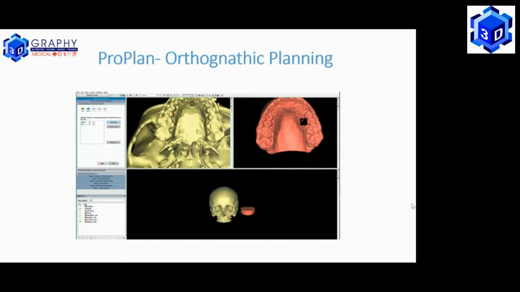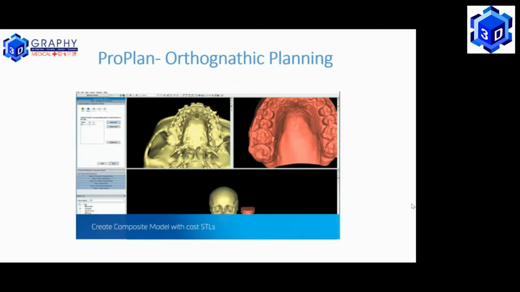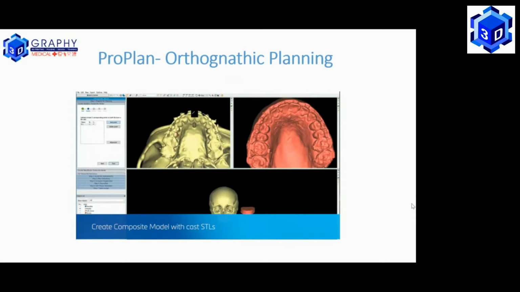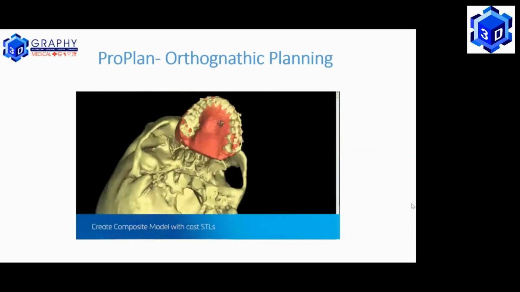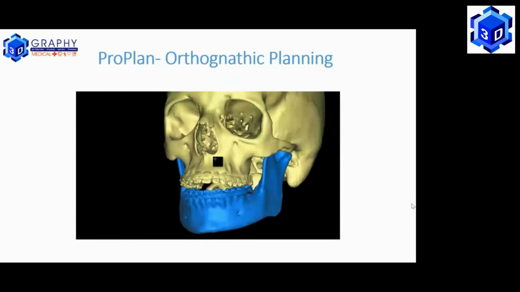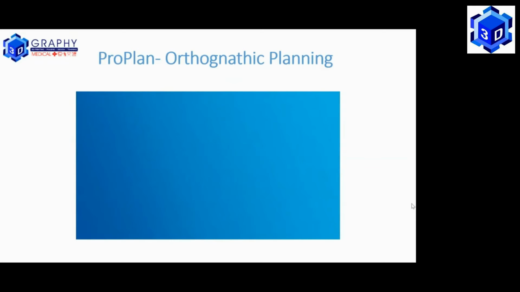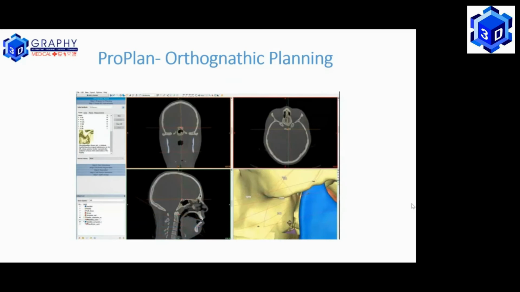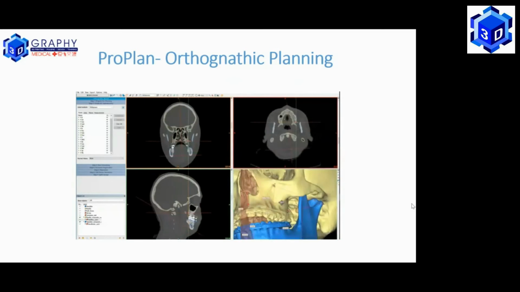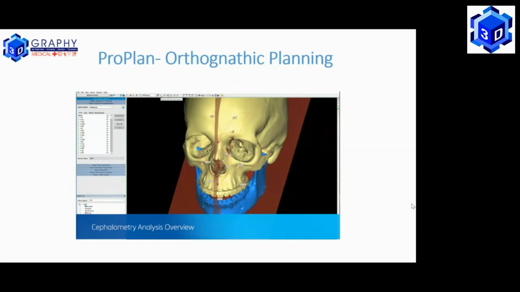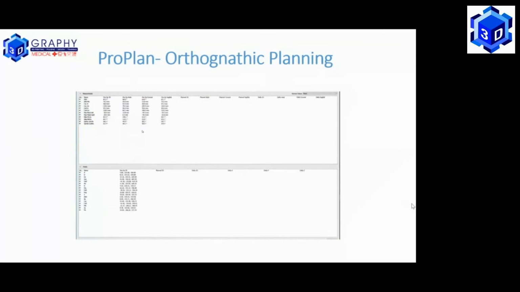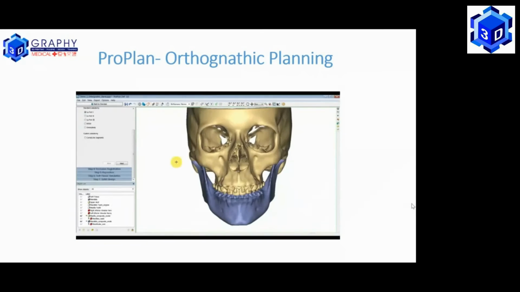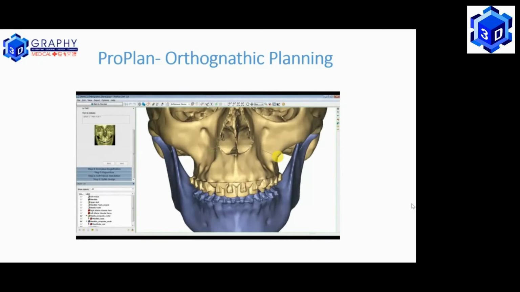So you can also have composite models, and you can see that in the window you can have the anatomical landmarks, and you can actually match them together. You can also have the cephalometric analysis, so you can create your own cephalometric analysis. You can create or select some standard points which you normally use, and also the analysis of those cephalometric analyses.